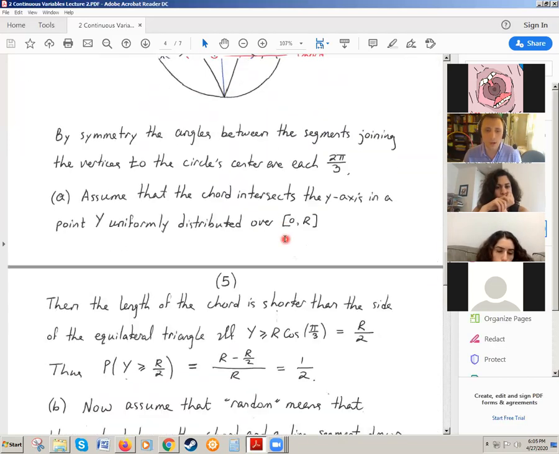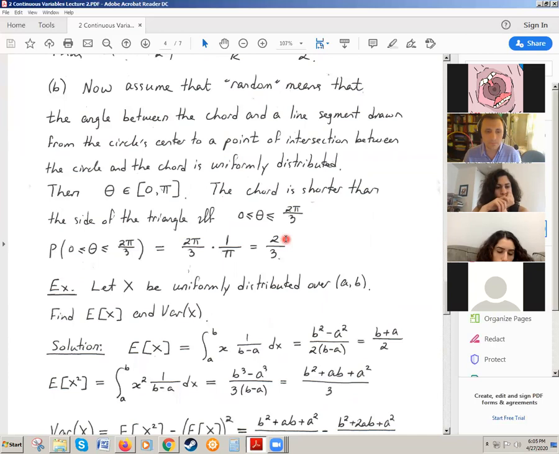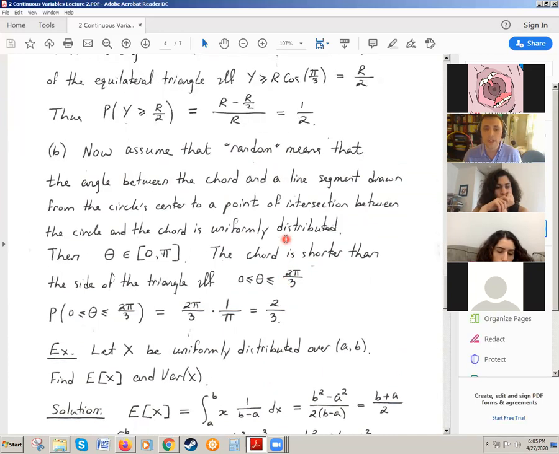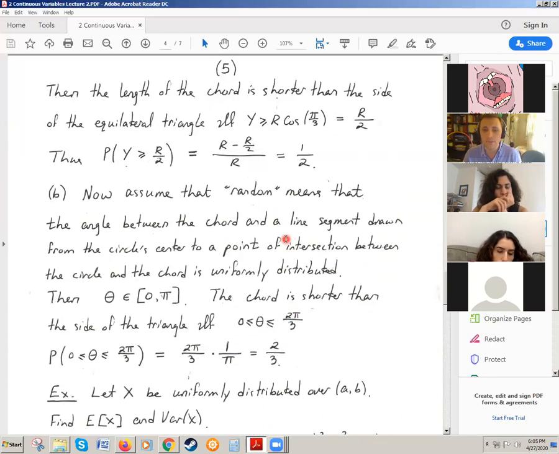All right, so what else is there? Let's calculate the expected value of a uniform random variable and its variance. See if you can do it just by guessing. What do you think, if the random variable is uniformly distributed from A to B, is going to be the expected value without any calculations, and then calculate it?